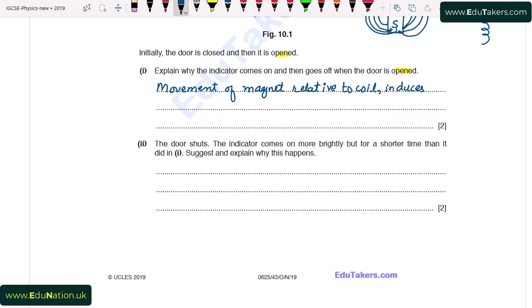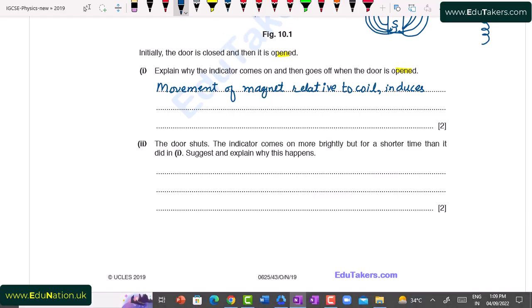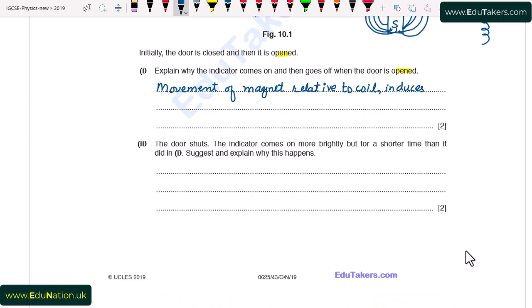So there will be induced current. EMF in the coil.